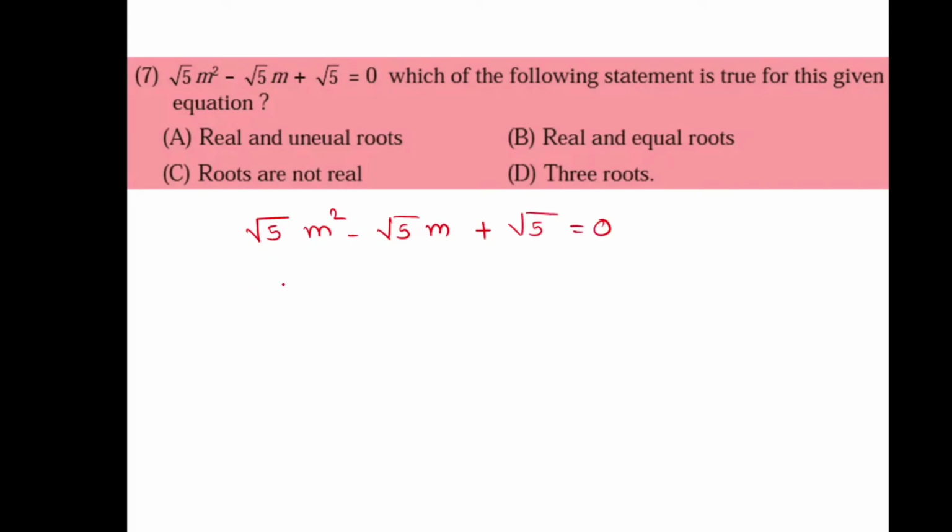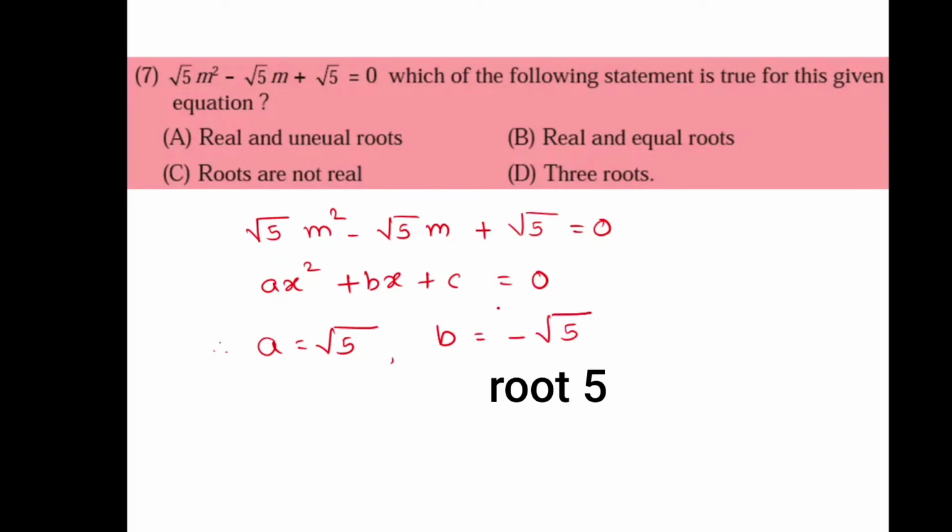Now if we compare this equation with the standard form, ax square plus bx plus c is equal to 0, which is the general form of a quadratic equation, we get the value of a, that is root 5, value of b along with the negative sign, that is minus root 5, which is the coefficient of the middle term, and the constant term c is root 5.